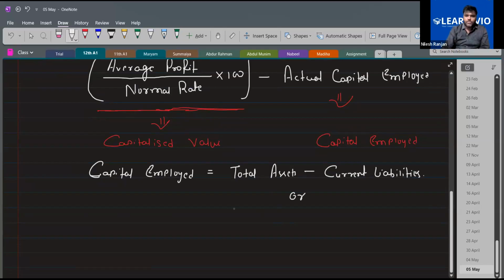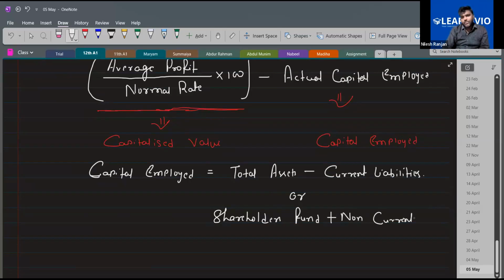Or there is a formula, shareholders fund plus non-current liabilities. Sometimes they use this formula for capital employed. But sometimes capital employed only means shareholders fund, meaning capital that the owner has invested. So that is also capital employed, but here it is total assets minus current liabilities.